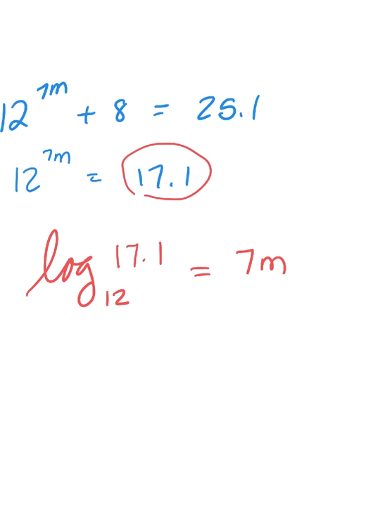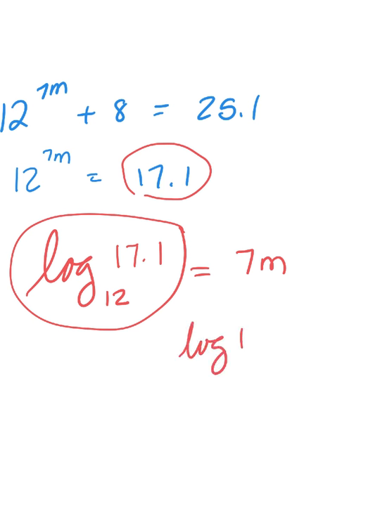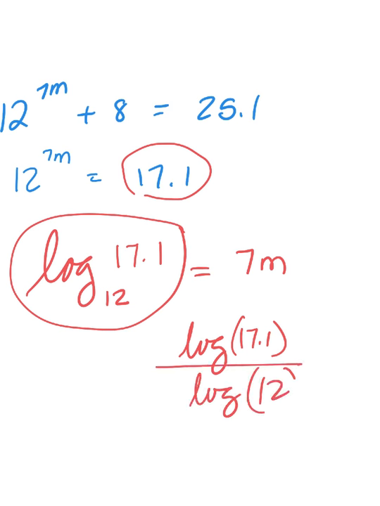All right, so in your calculators, put this in. Some of you have a log button, and some of you don't. If you don't, you type in log of 17.1 divided by log of 12. So what I get on my calculator is 1.1425292223, and that's going to equal 7m.